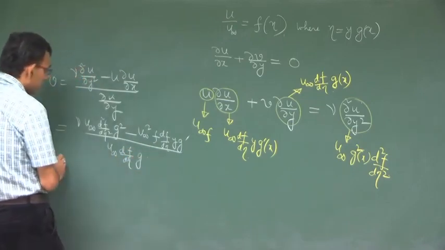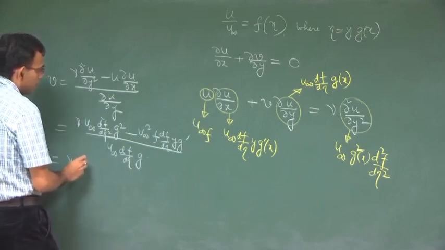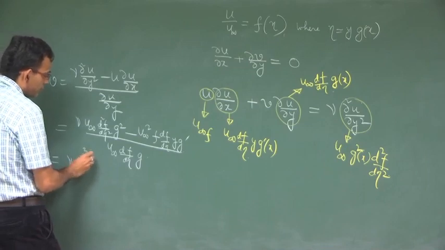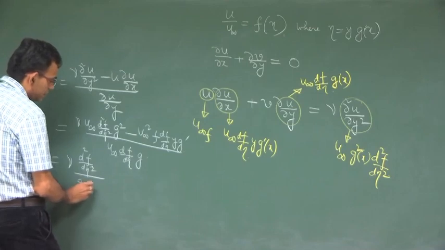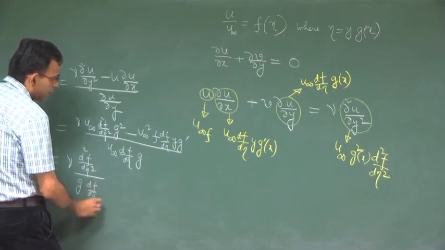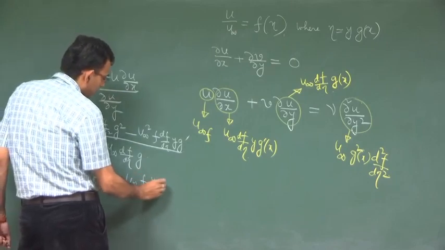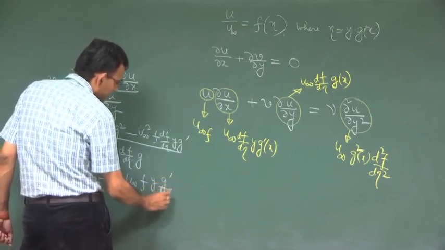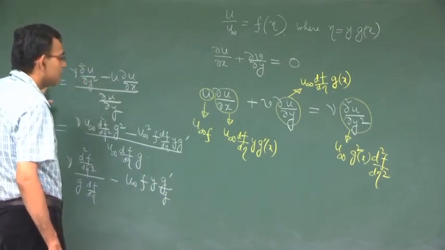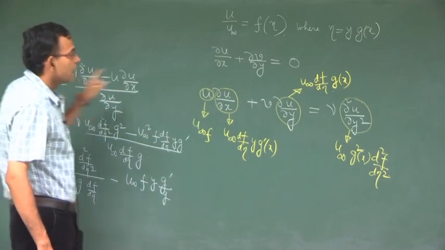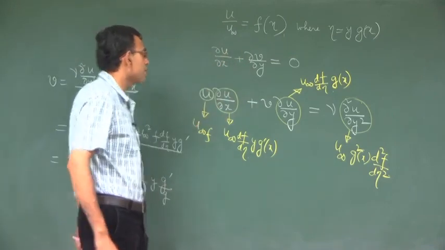So, this is nu d2f d eta 2 by g df d eta minus u infinity f y g dash by g. So, what we will do is we will differentiate this with respect to y and equate that with minus del u del x to eliminate v.